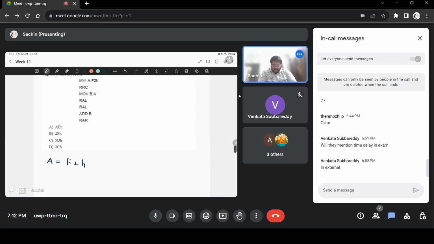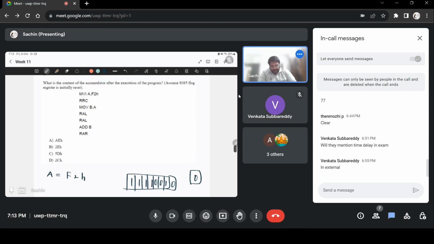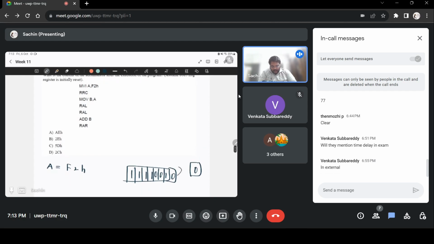RRC, we saw RLC. For RRC, it's the same thing except that the bits are shifted right instead of left. So F is 1111, 2 is 0010, and you have carry, it was reset to 0. It's an RRC operation, so you're shifting this way.